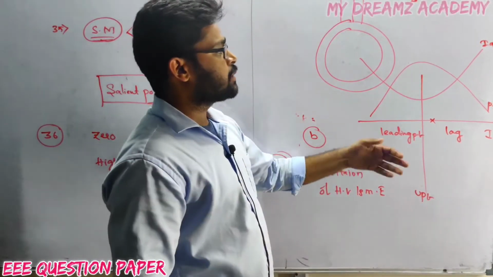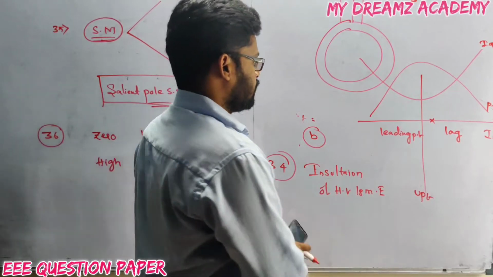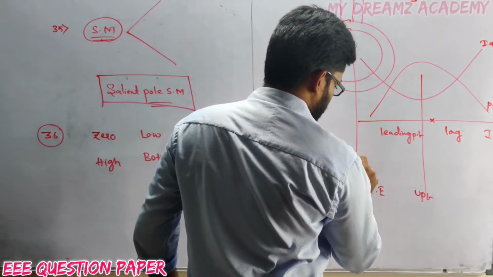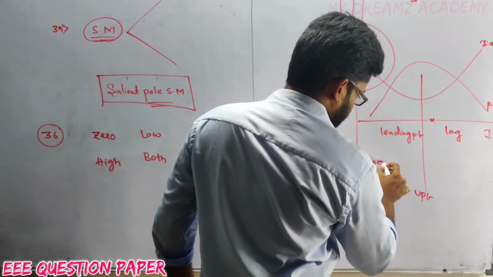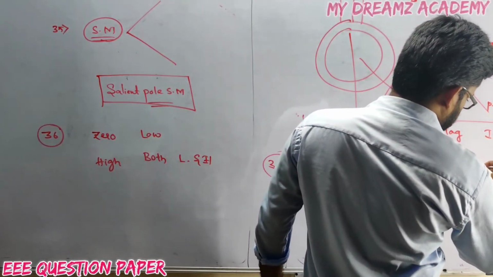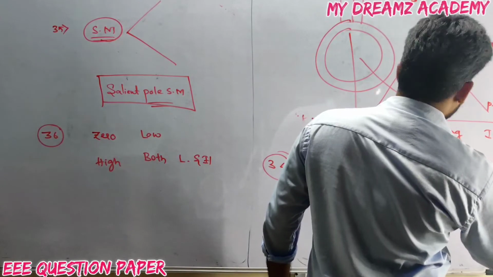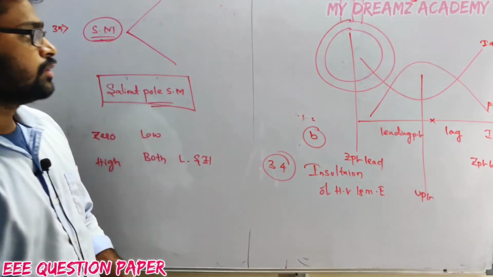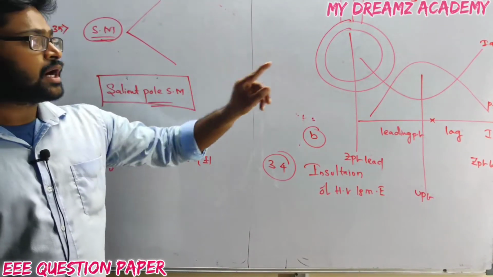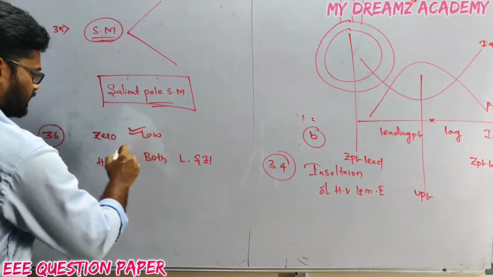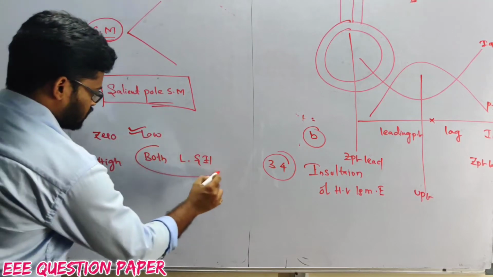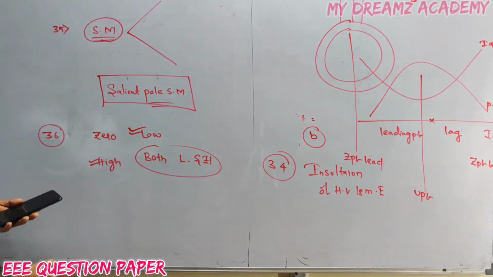When do we get armature current high? At 0 power factor leading as well as 0 power factor lagging. So armature current will be high at low power factor as well as high power factor. So both low power factor and high power factor is the correct answer.